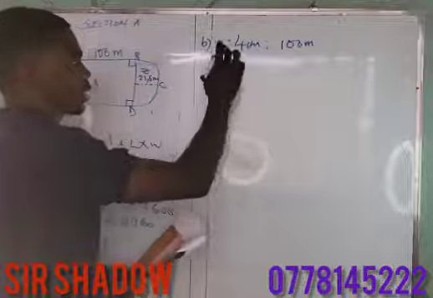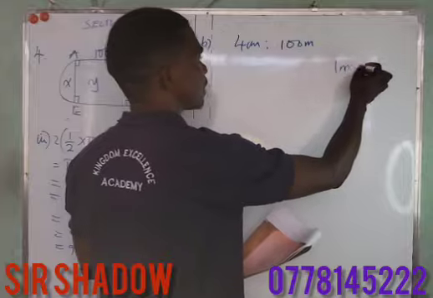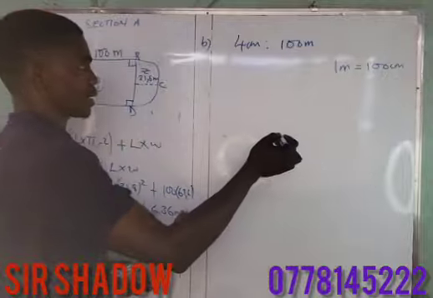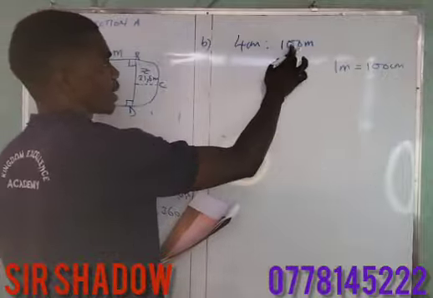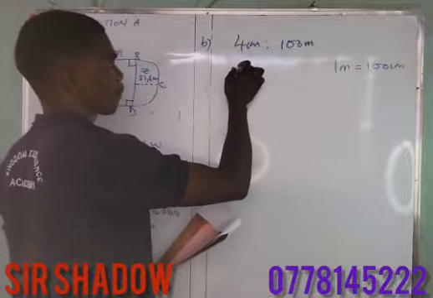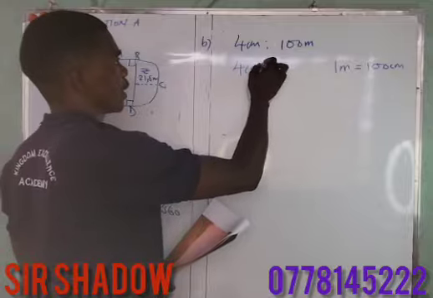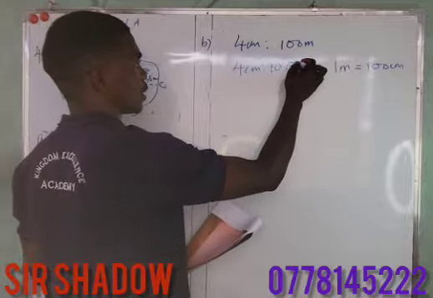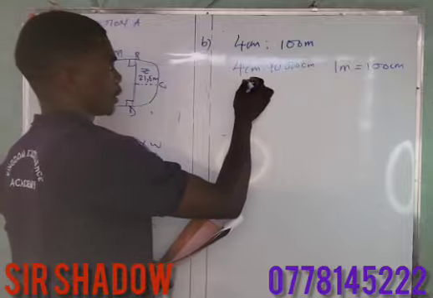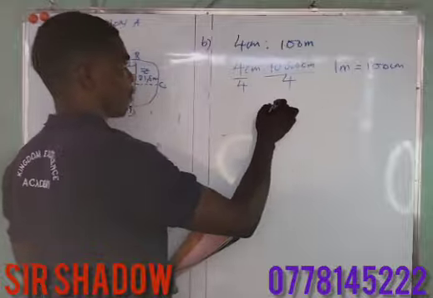We all know 1 meter is equal to 100 centimeters. Just multiply 1,000 by 100 to get 100,000, which means adding 2 zeros. So it becomes 4 centimeters to 100,000 centimeters. Then divide by 4.